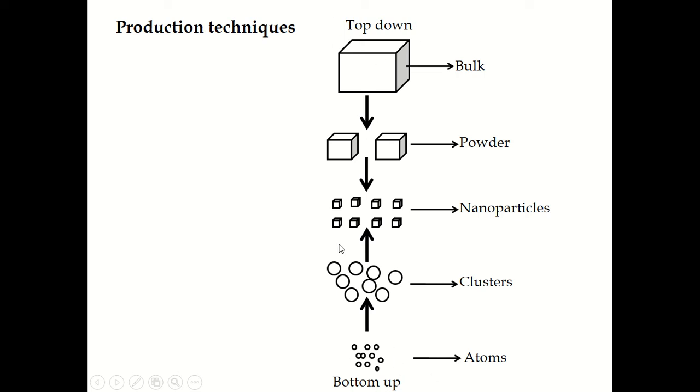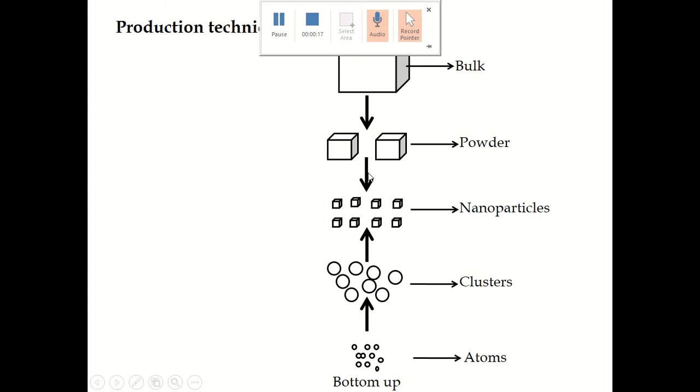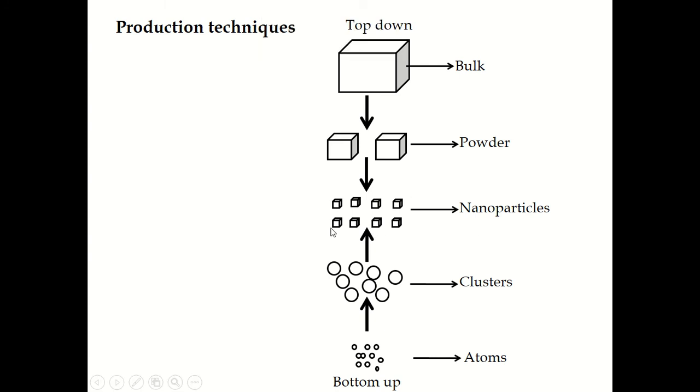So as you can see in this diagram, in top-down technique, nanoparticles are obtained from bulk material. So this bulk material will divide into smaller parts until we get nanoparticles. Whereas in bottom-up technique, the nanoparticles are obtained from individual atoms or molecules.